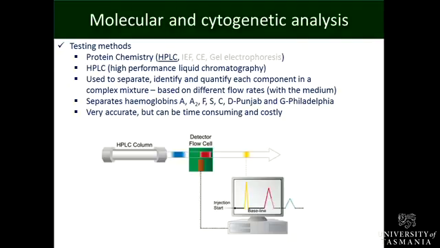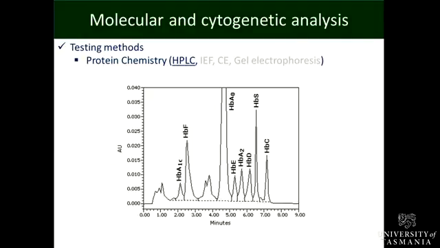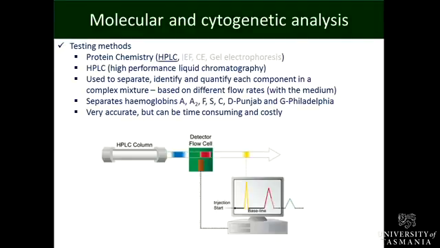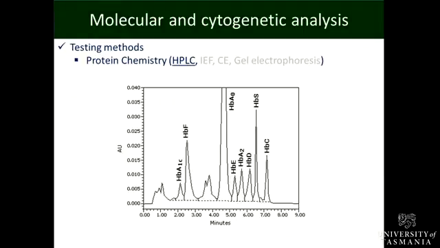But as I said, it's quite expensive. What happens is you put your sample in through this column, it's detected as it flows through the column, and the way it interacts with the medium in the column separates out the different sizes of the particular hemoglobins, and they come out.